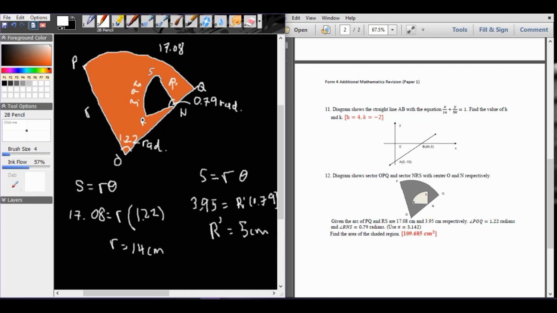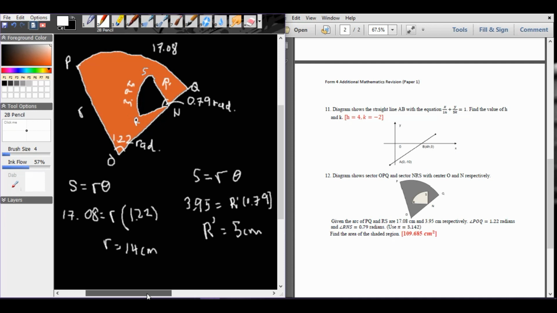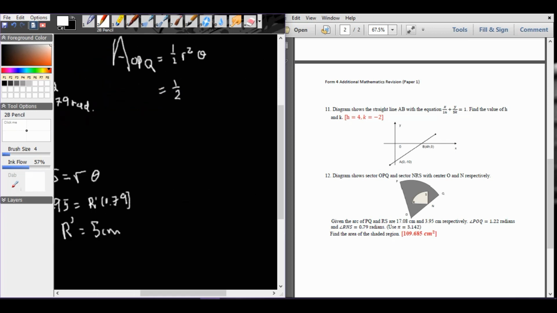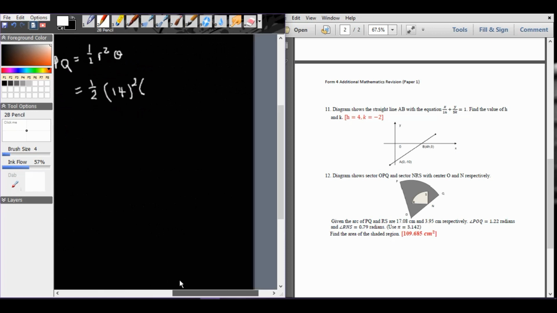To find the area of the shaded region, we just need to find the area of this big sector minus the area of this small sector. So the area of this big sector, or POQ, area of POQ. So the formula will be half r squared theta. So equals half, the radius is 14, 14 squared, theta must be in radian, so radian 1.22.